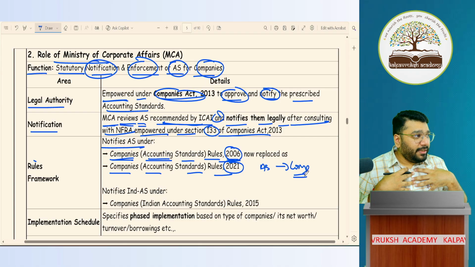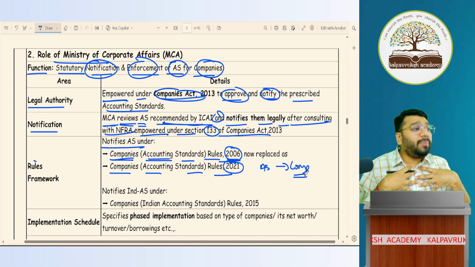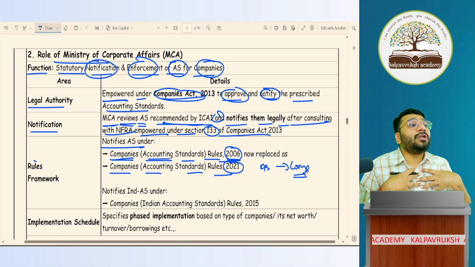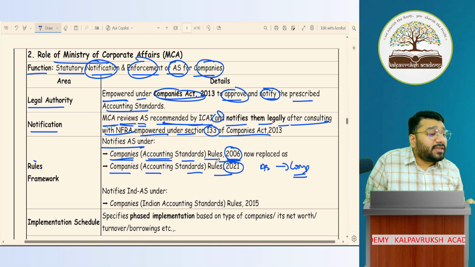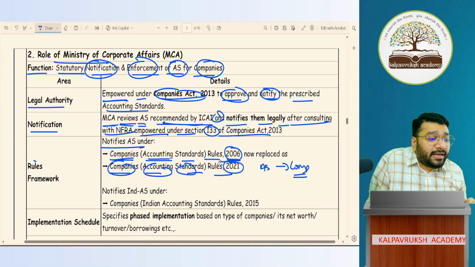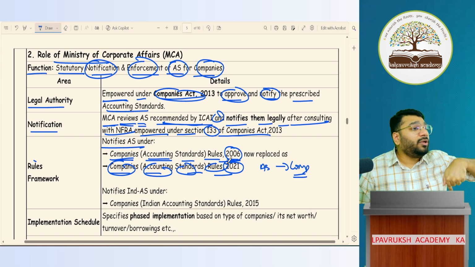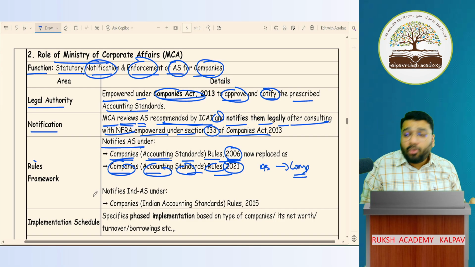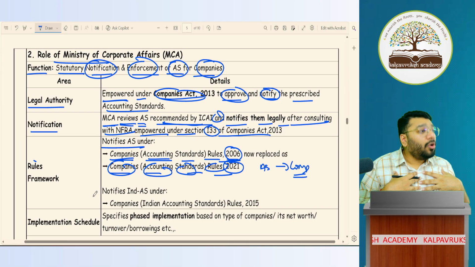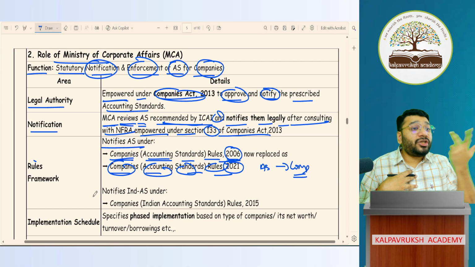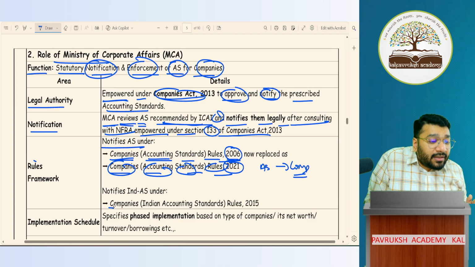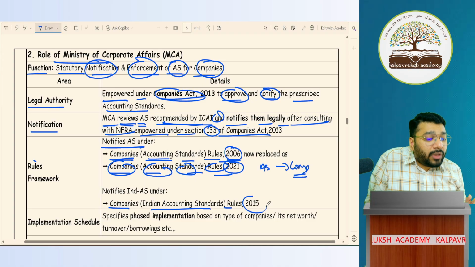So if I'm a company on whom accounting standard is applicable, and I want to check where the notification is, where will I go and search? In Companies Accounting Standard Rule 2021. However, if I'm a company on whom Ind AS is applicable, and I want to see where the notification is given, I will go and check Companies Indian Accounting Standard Rule 2015.